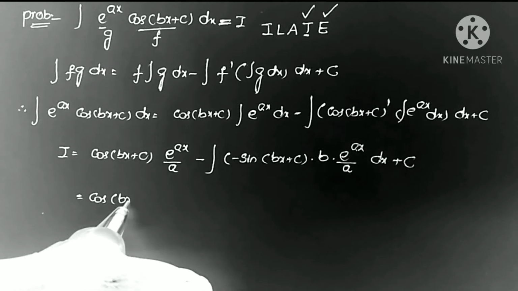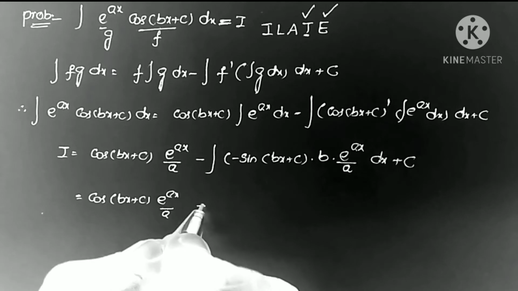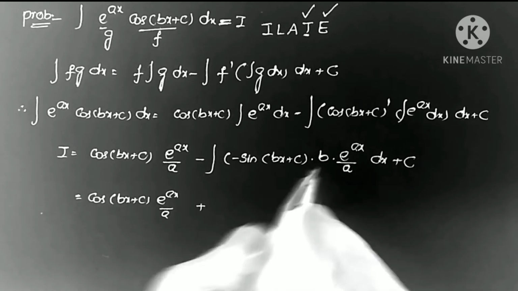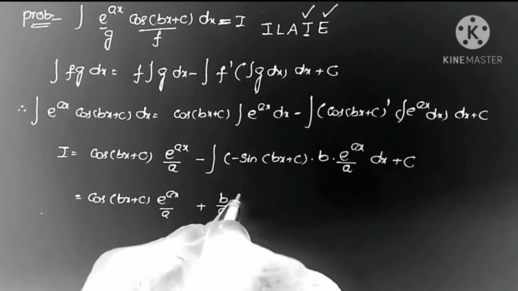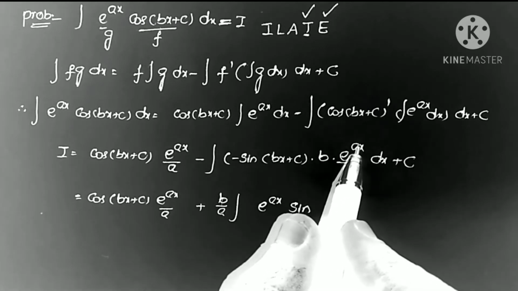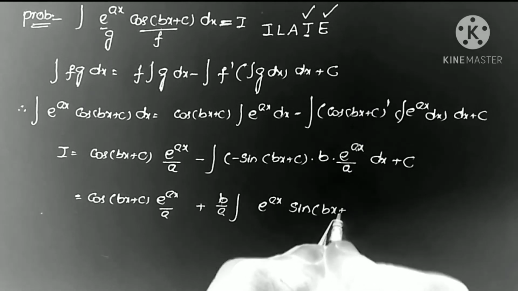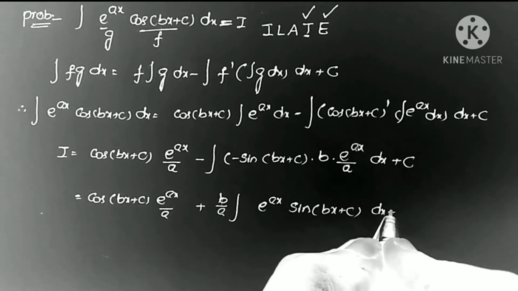And this is equal to cos(bx plus c) into e power ax by a, minus of minus becomes plus. b by a is the constant, so taking the constant before the integration, b by a into integral. Now writing the remaining values: e power ax into sin(bx plus c) into dx plus c.